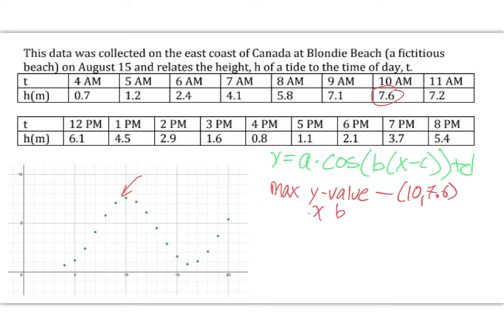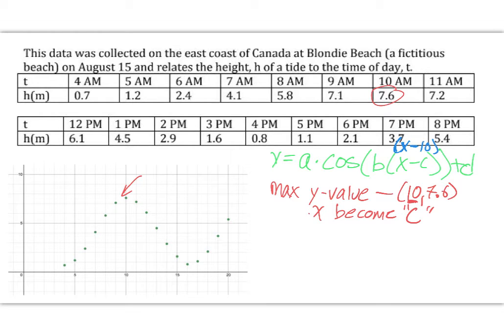The x becomes the c value. The reason for that is that we're dealing with the phase shift here. Phase shift is an x characteristic. So once we find that maximum value, we have to use the x to get there. So the equation I'm going to build from this is going to be x minus 10 on the inside.